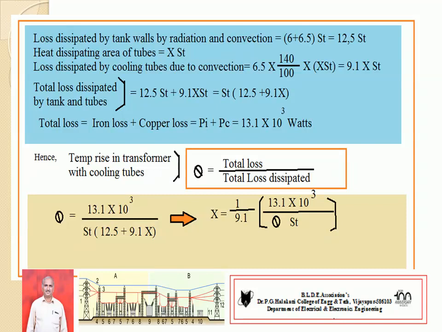It is given as 13.1 kilowatt. Convert into watts. Remember, one of the danger factors, you must convert this value into watts. So finally you develop the expression theta equals total loss divided by total loss dissipated per degree. You substitute the values and try to calculate the x value.